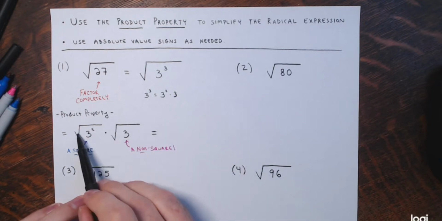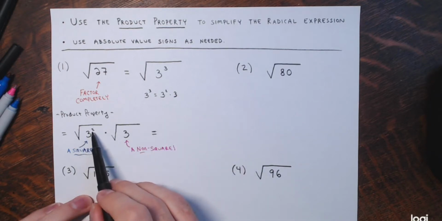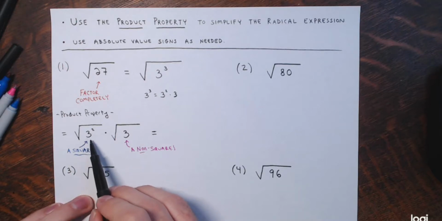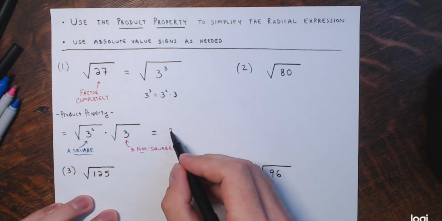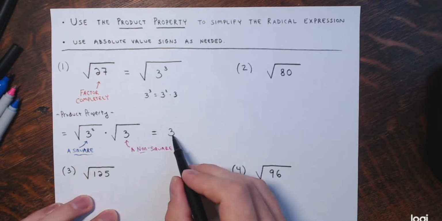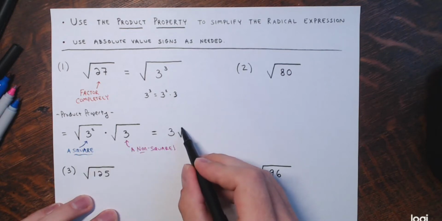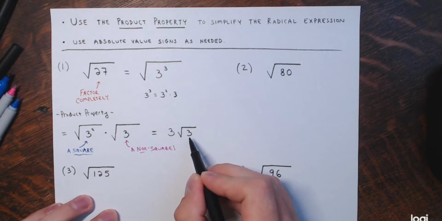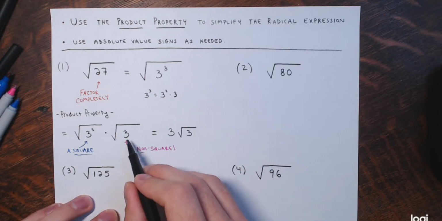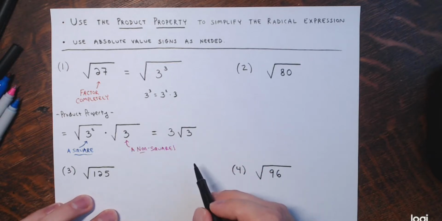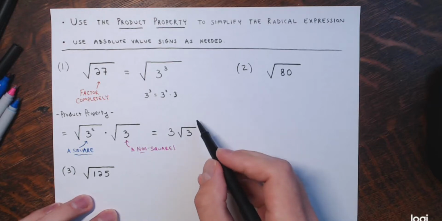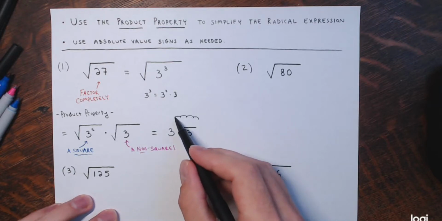Now the square root of 3 squared would be the absolute value of 3, but 3 is already positive, so I don't need the absolute values. So just 3. Square root of 3 squared is 3, and then times the square root of 3. The square root of the non-square, I can't do anything with. Can't simplify that any further. And here we go. This is what we're being asked to do.